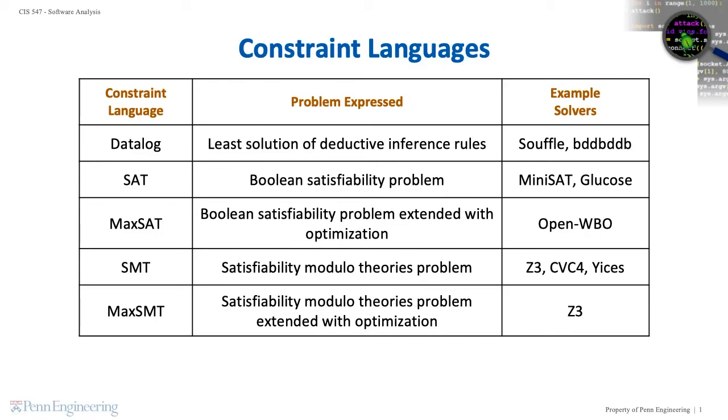Finally, MaxSMT is an optimization extension of the SMT problem, similar to how MaxSAT is to the SAT problem. An example MaxSMT solver is Z3. In this lesson, we will give an overview of using SAT and SMT for program analysis in general, and assertion checking in particular.